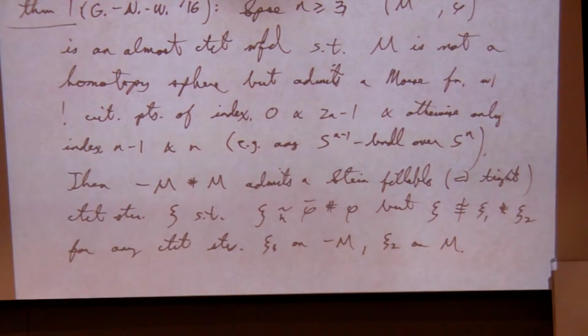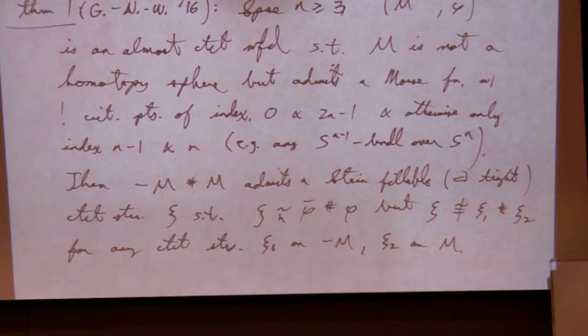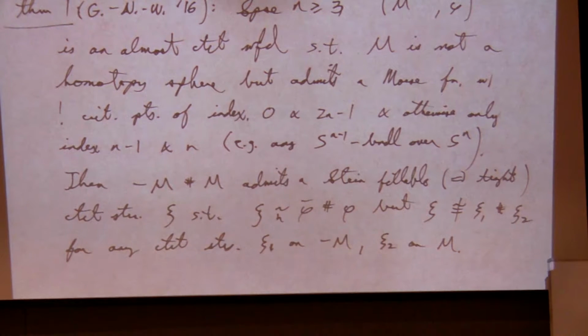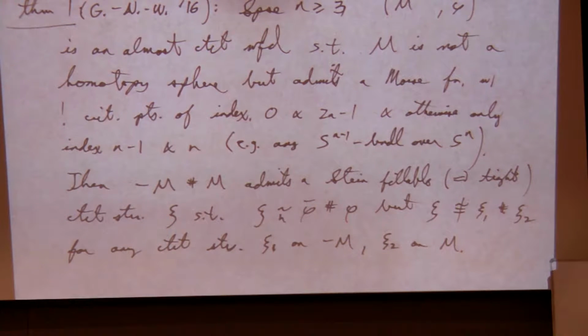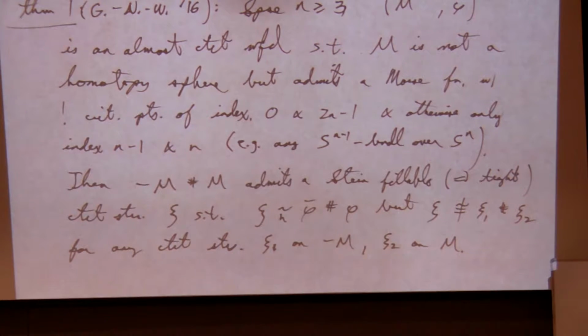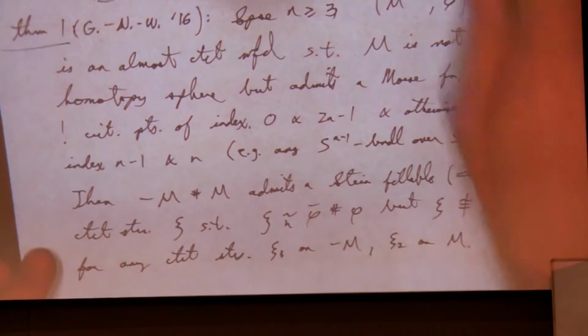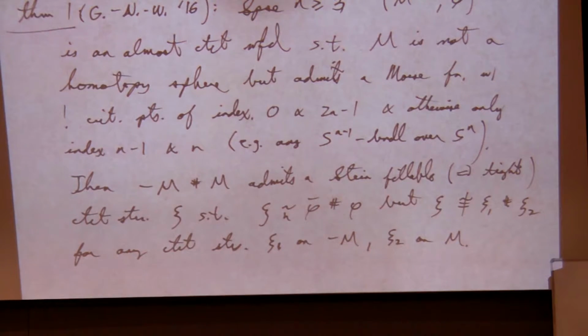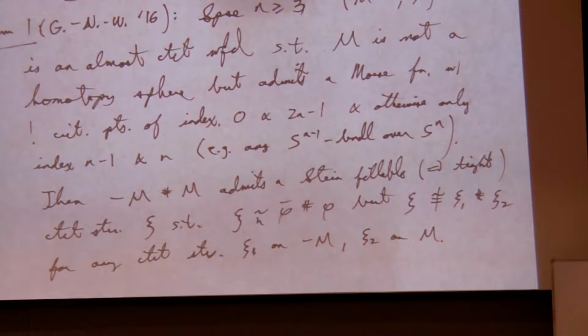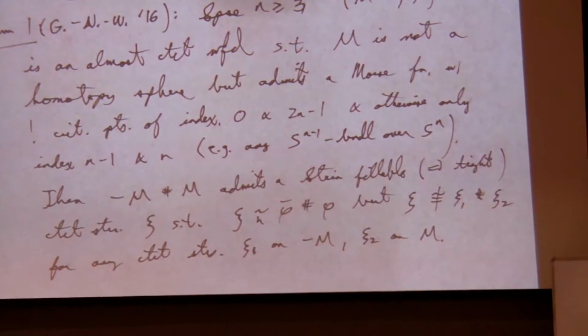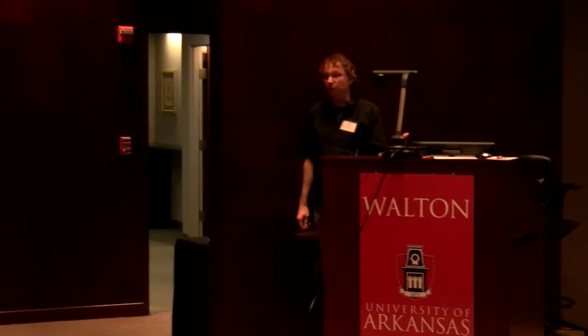Any questions about the statement before I take it away from the screen? Yes, M is a given manifold that has a Morse function with only these critical points.